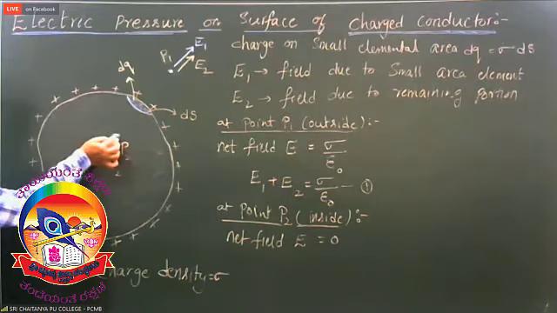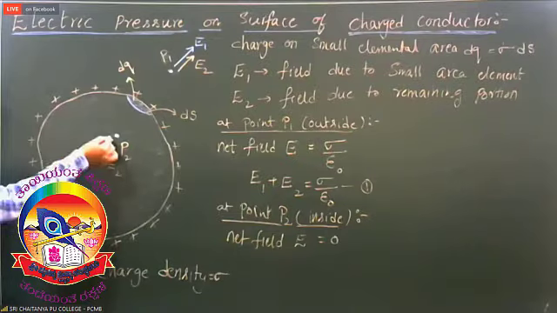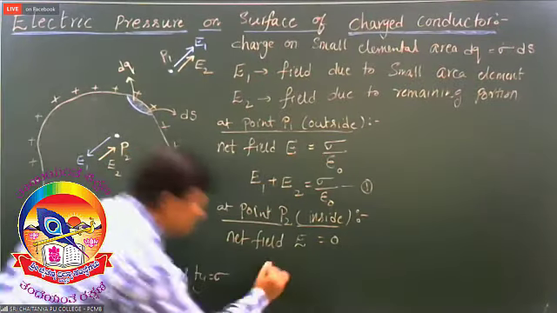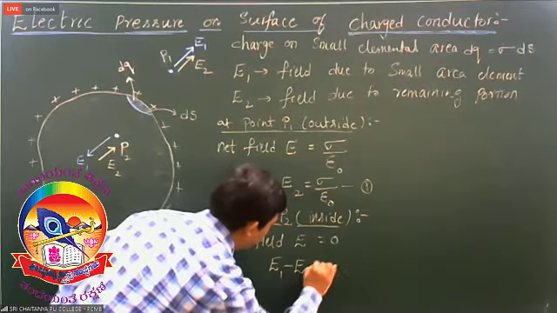See the diagram. At this point P2, what is the net field in terms of E1 and E2 if you are asked? E1 is in this direction, E2 is in this direction. They are opposite. So can I write like this? Net field is equal to E1 minus E2 is equal to 0.